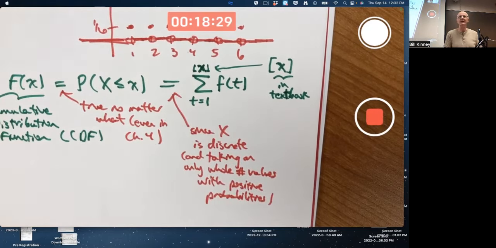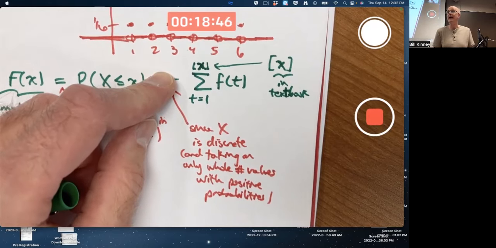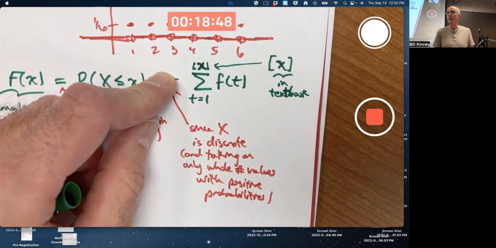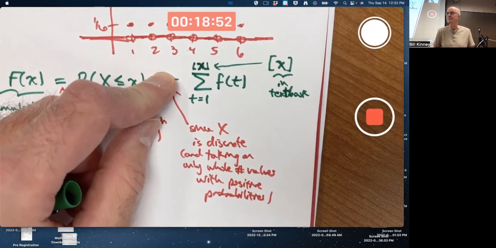What is the greatest integer in x? Well, if x is a whole number, the greatest integer in x is that whole number itself. If x is an integer, the greatest integer in x is x itself. If x is not an integer, like 4.5, or let's try 4.1, if x is 4.1, the greatest integer in 4.1 is 4. That's the greatest integer less than 4.1.